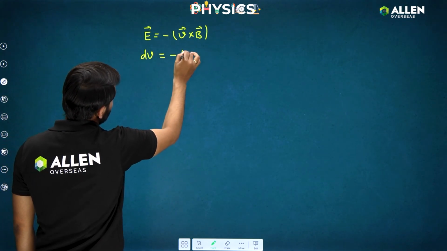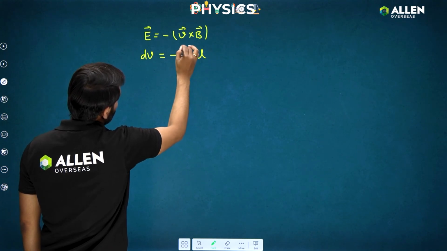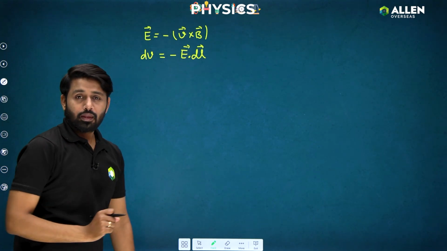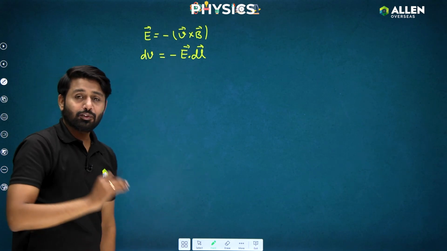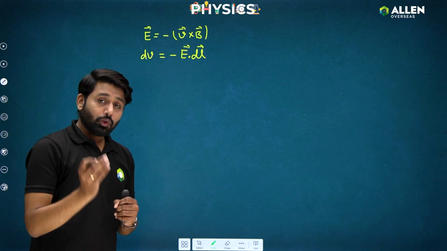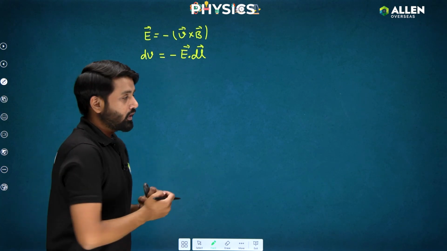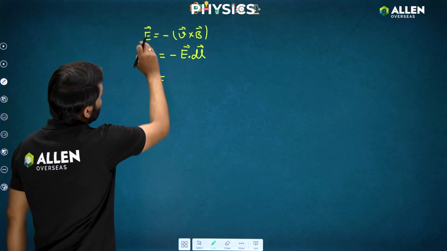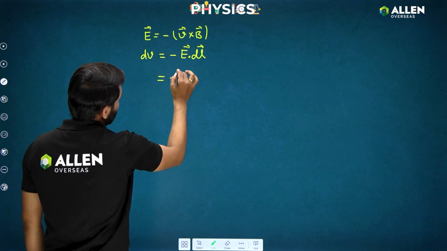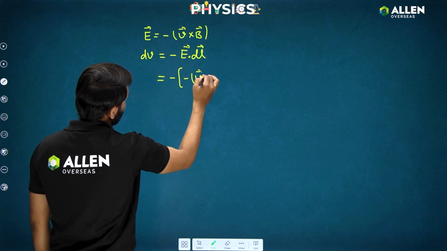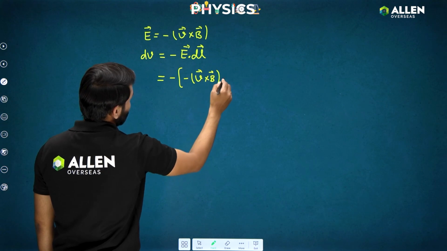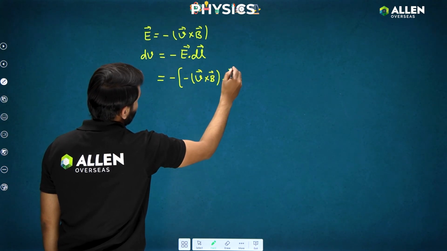field, minus E dot dl, right students? Okay, yes or no? This negative sign is only representing if you are going into the direction of electric field, then potential will decrease. Okay, you must know that this. So E is, let's put minus V cross B vector, right, dot dl vector.